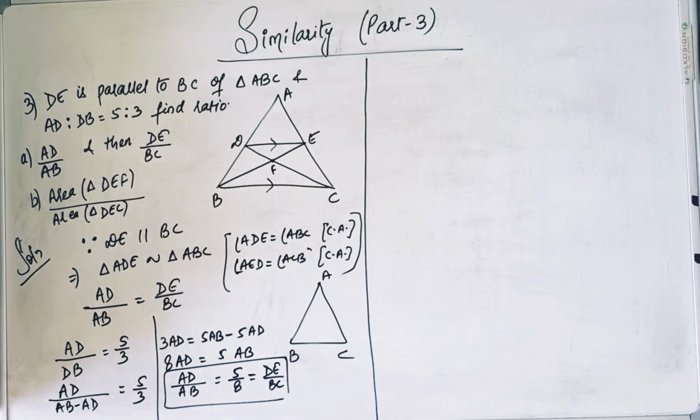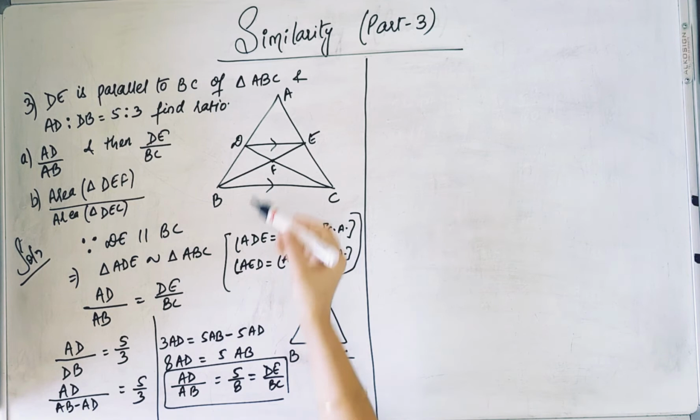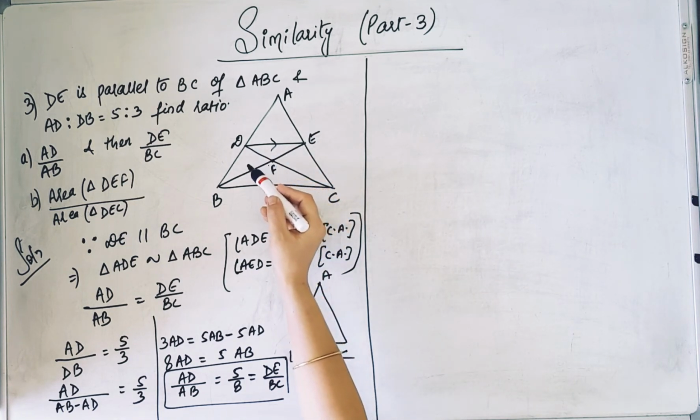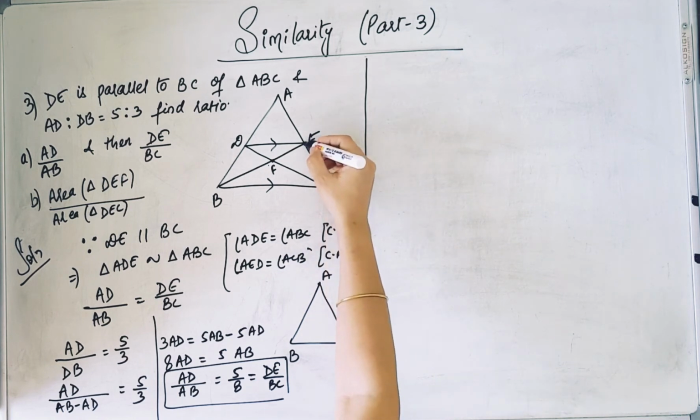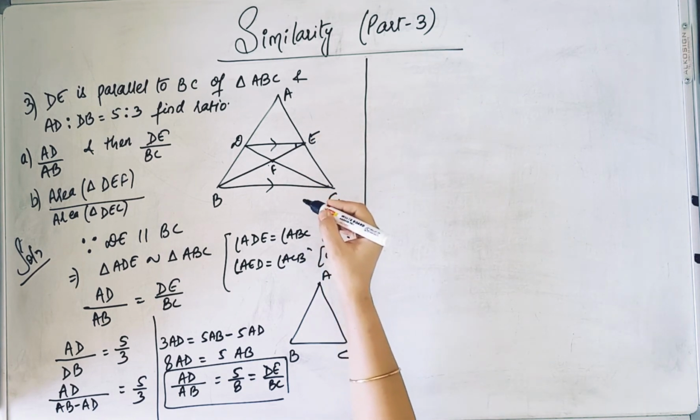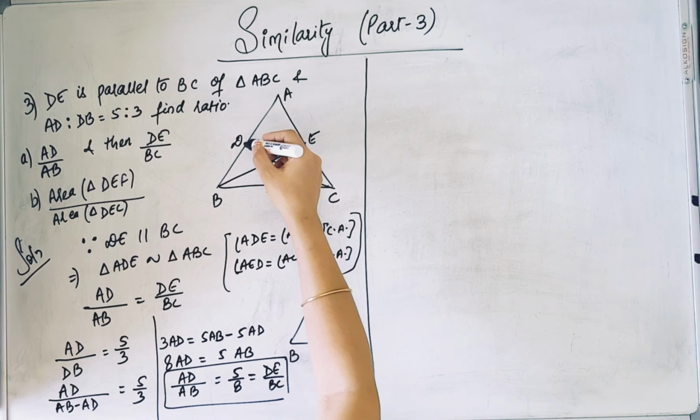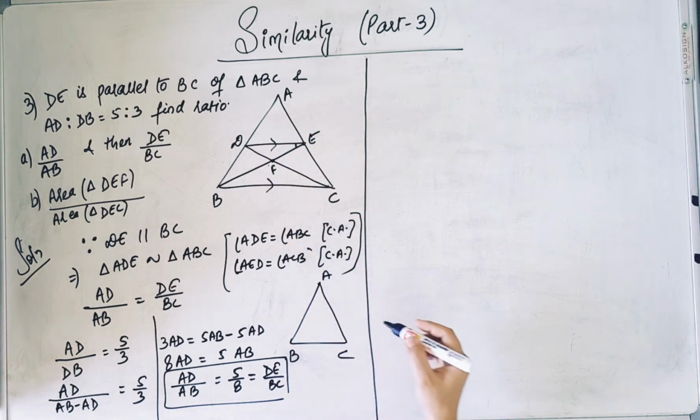Now coming on to the second part, that is triangle DEF upon area of triangle DEC. We can see over here E is the common vertex and DF and DC are lying on the same straight line.